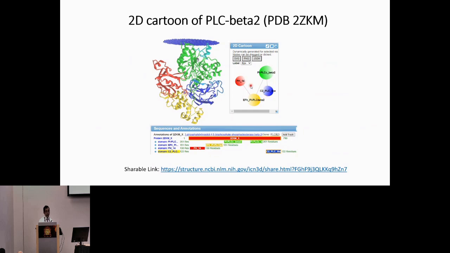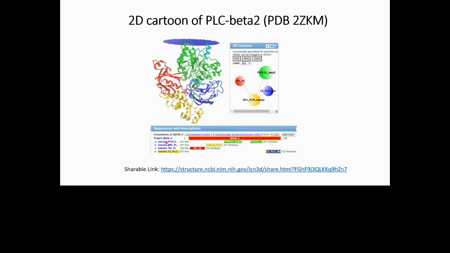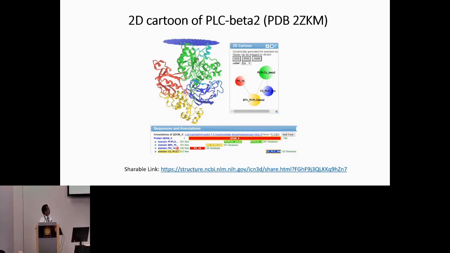So this might be handy for generating a 2D cartoon of your structure. The lines are connections between the different domains. This one has the PH domain, EF hand, catalytic domain, and C2 domain, and these are shown as part of the conserved domains in the 1D tracks.